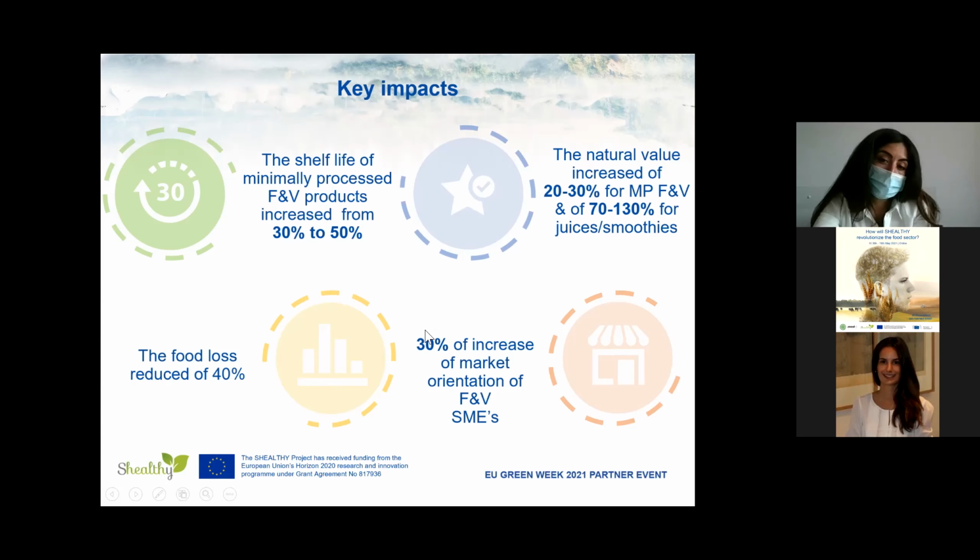And from the market and business perspective, we want to support micro, small and medium enterprises to increase their market orientation in terms of fruit and vegetables, responding to consumers' expectations.